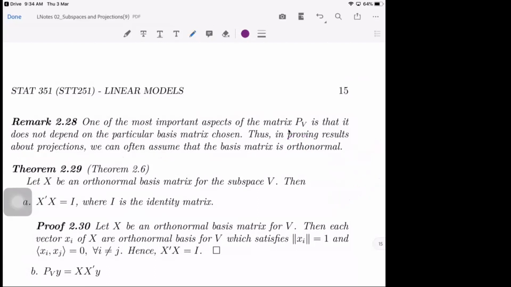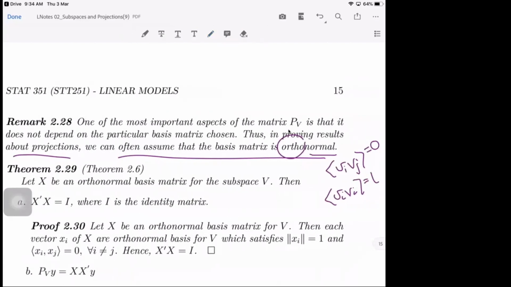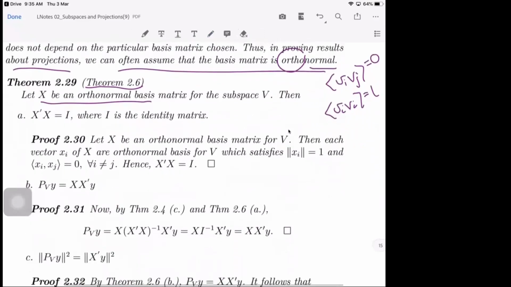So this leads us to the next theorem in Arnold, which is theorem 2.6. If you have a basis matrix which is orthonormal for a subspace V, then X prime X is just equal to the identity matrix.